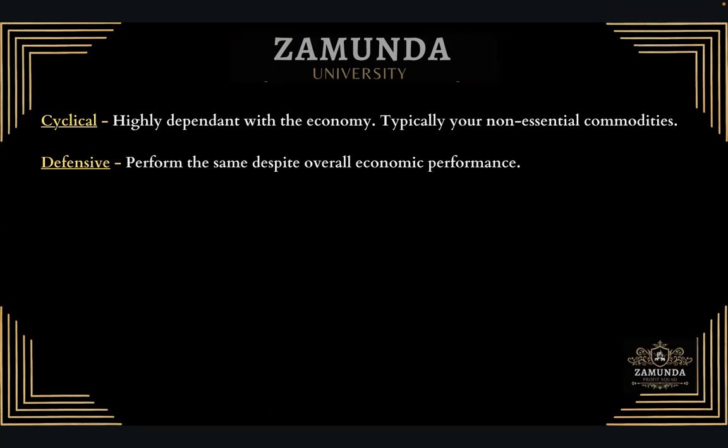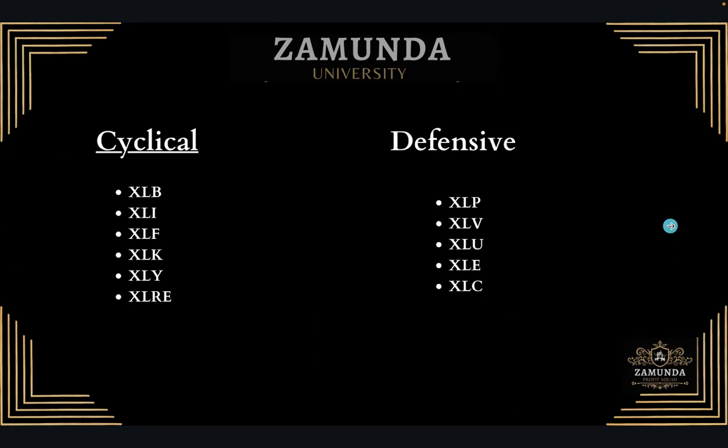Now, defensive stocks perform pretty evenly, pretty steady, despite the overall performance. Okay. So for cyclical, we have XLB, which is materials, industrials, financials, technology, consumer discretionary, and real estate. For defensive, we have consumer staples, healthcare, utilities, energy, and communication.